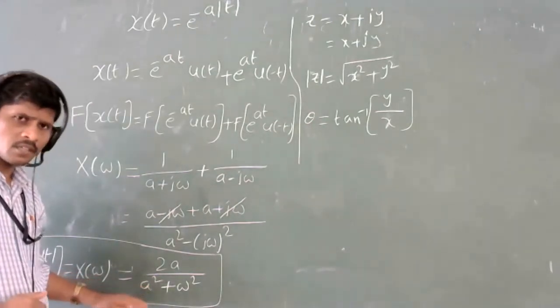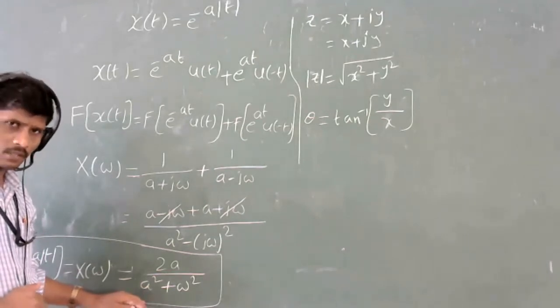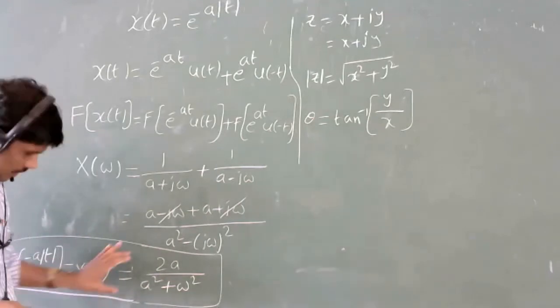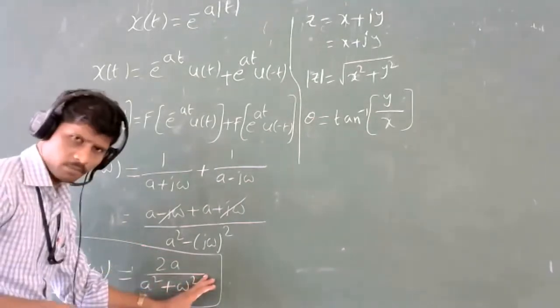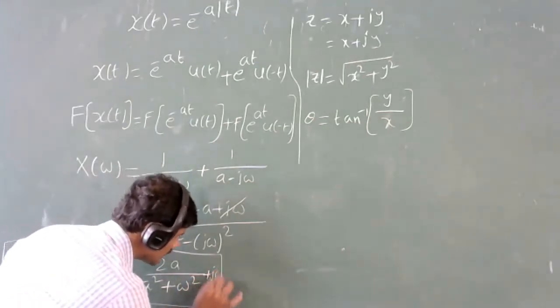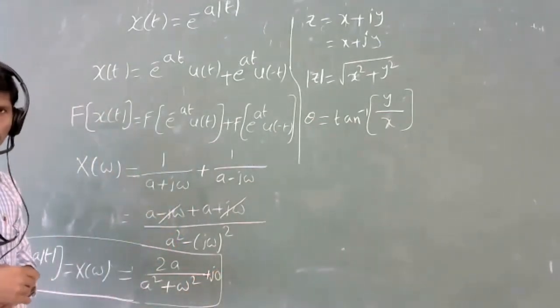So this is the resultant value of the given signal. In this equation, there is no imaginary term, only the real part is there. This is the real part. There is no j term.